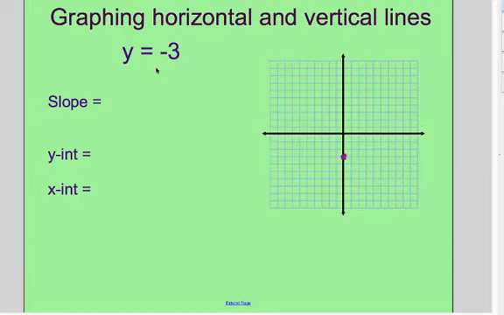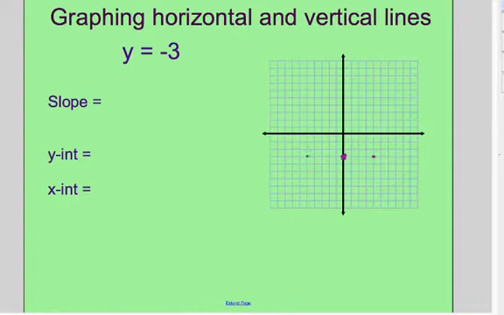So the way I always think about it is, when I get an equation like y equals -3, that no matter what x is, y is -3. So yes, when x is 0, y is -3. That is true. But also, when x is 4, y is going to be -3. And when x is -5, y is going to be -3.